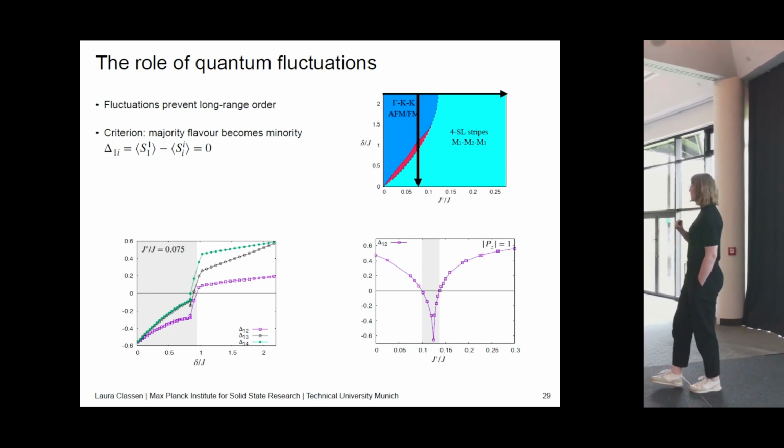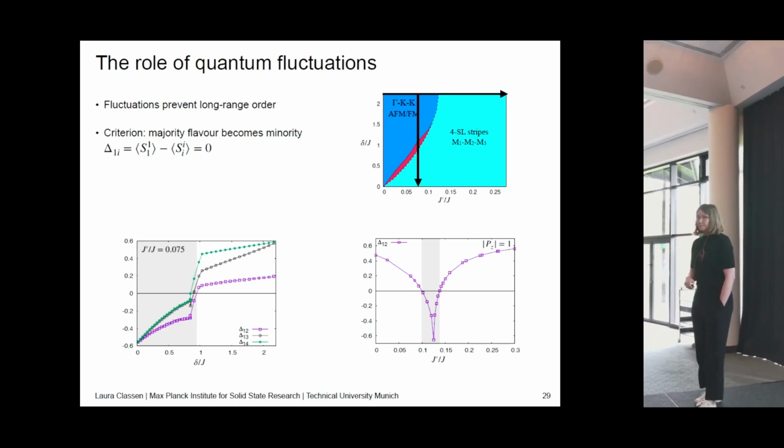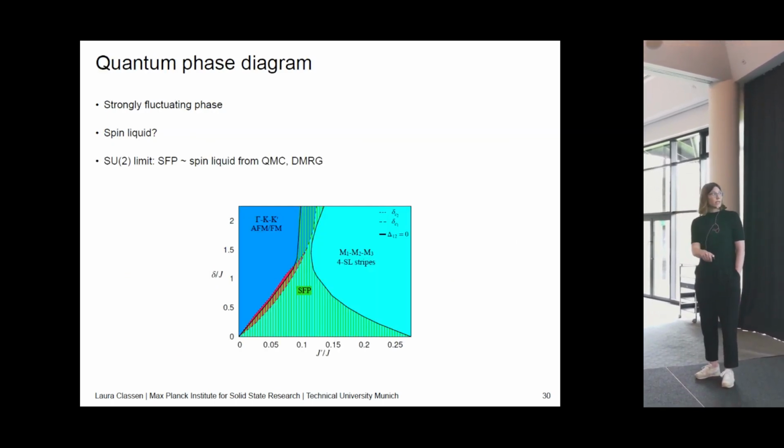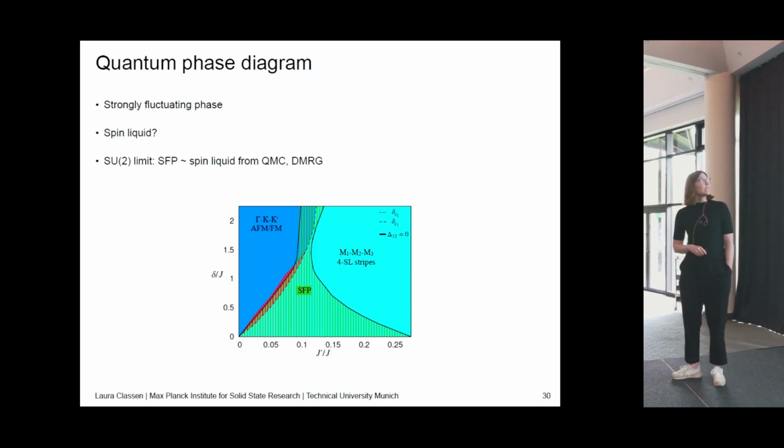And in the SU(2) limit, this corresponds exactly to the magnetization becoming 0. If we do this for the entire phase diagram, we see that for these larger values the phases remain stable, but in between here we have a large regime of a strongly fluctuating phase.